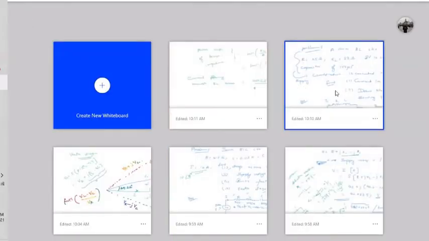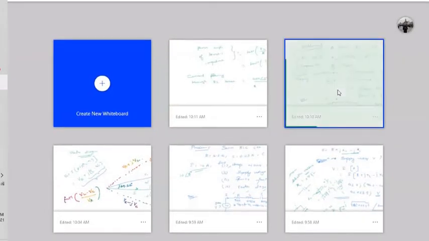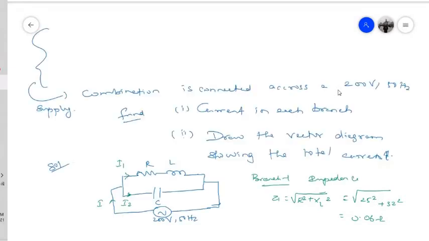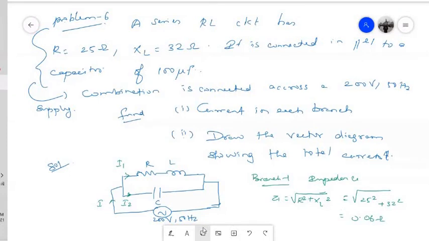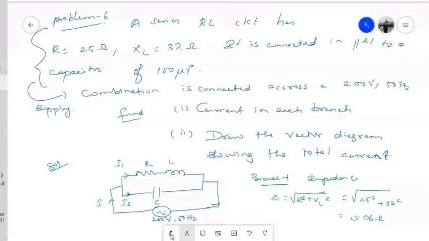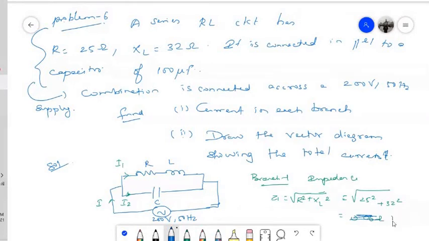Okay, so there is a blunder here. So you can check this calculation.